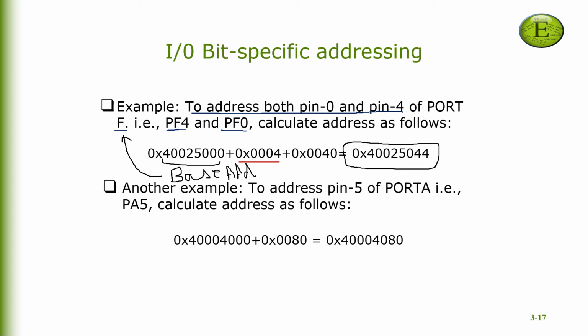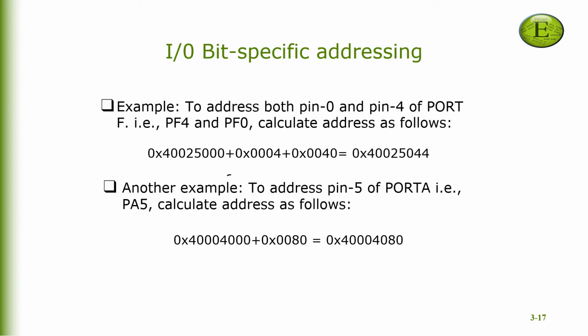So remember, hex 0004 corresponds to the offset when we wish to access bit 0 or pin 0, and hex 0040 corresponds to the offset if we wish to access pin number 4 or bit number 4. And that the total turns out to be hex 400250044.